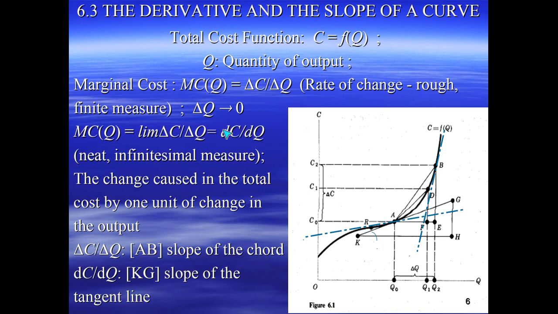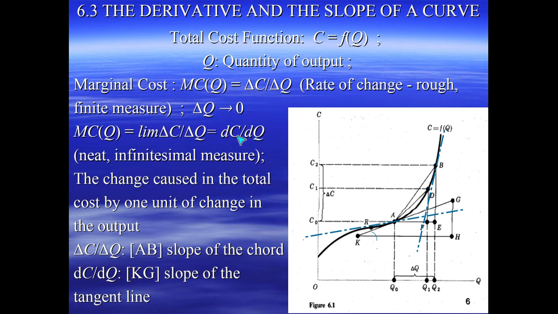So dC over dQ is the derivative of total cost with respect to quantity, which we call in economics marginal cost of Q. You see, this is the marginal cost. This is a very thin, very neat, very infinitesimal measure. It's almost theoretical. It's in our head. Delta C and delta Q, we can measure. dC and dQ, we can't really measure. They are concepts, but they serve.